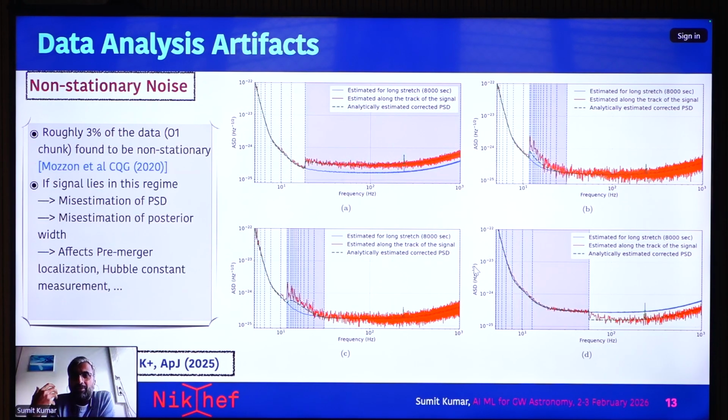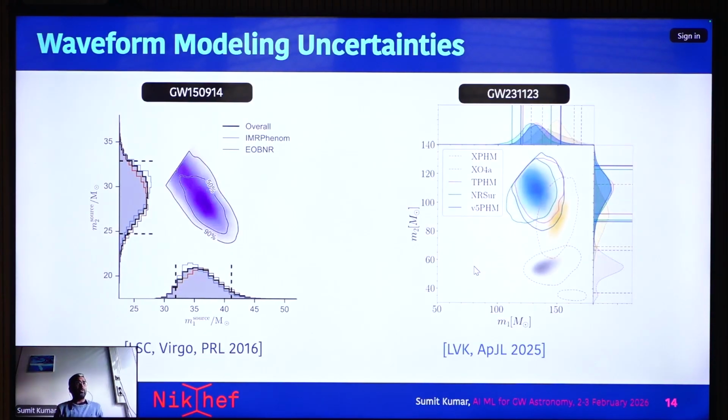So we need to design algorithms which are fast so that they can help in the scenarios which are most important, for example, the pre-merger localization alerts, etc., but also it can be feasible to do parameter estimation. Now I will switch to the waveform modeling uncertainty.